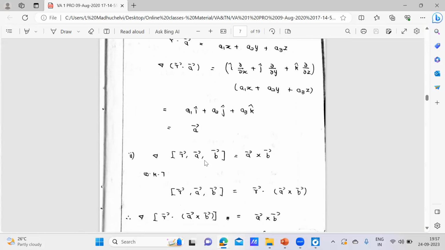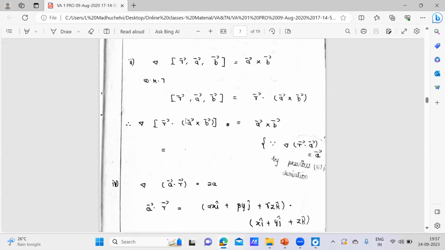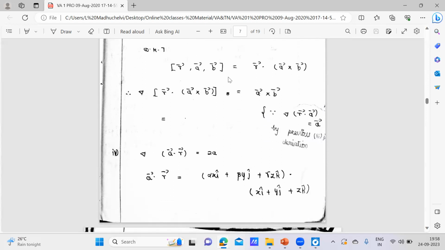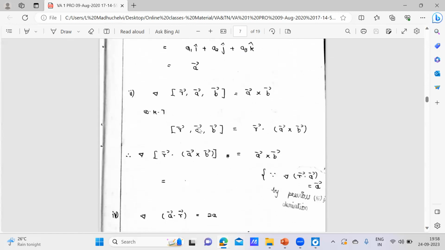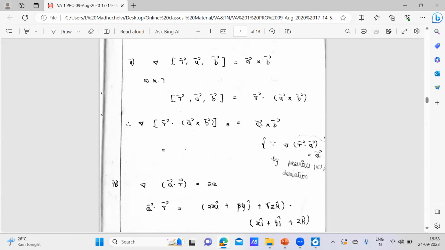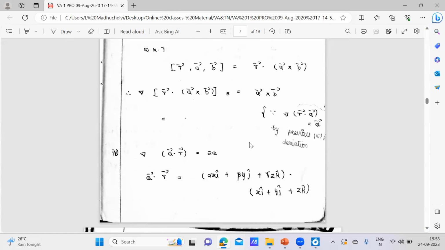Then second thing we have to prove is del of box product of R A B equal to A cross B. But we know that the box product of R A B equal to R vector, A vector, B vector equal to R dot A cross B. So del of R dot, in place of box vector R A B, we can substitute R dot A cross B. That is equal to, now only we proved that del of R dot A equal to A. So here if you apply that result, we get A cross B. Required result.